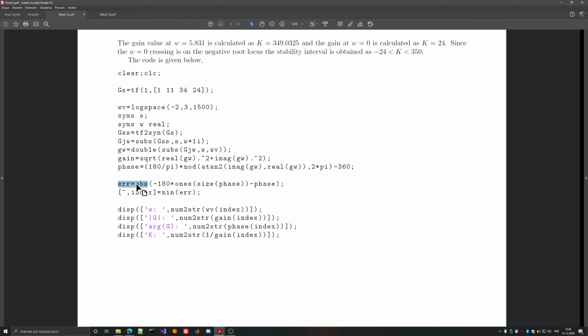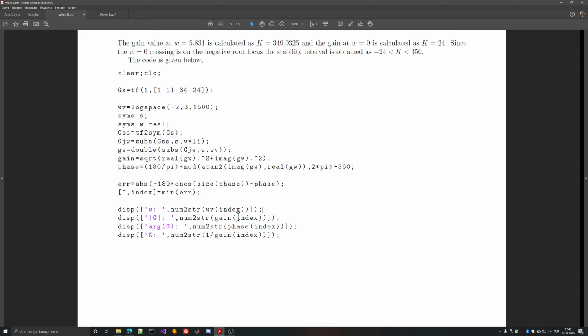I'm not using an if statement, or searching where minus 180 degrees is equal to the phase, because that may not be available. It doesn't have to be exactly minus 180 degrees, since this is a numerical calculation and it might have an error in it.